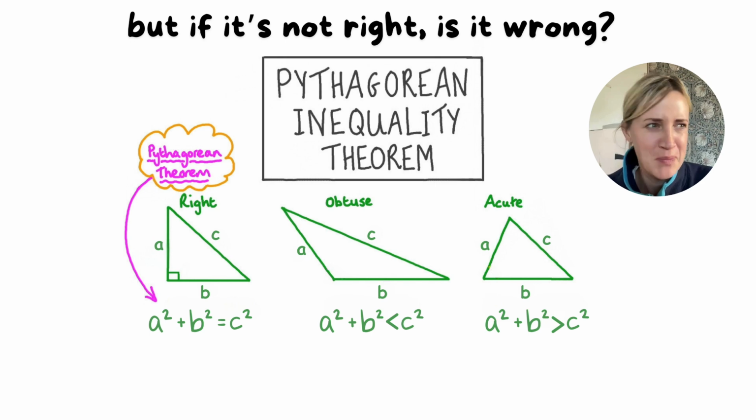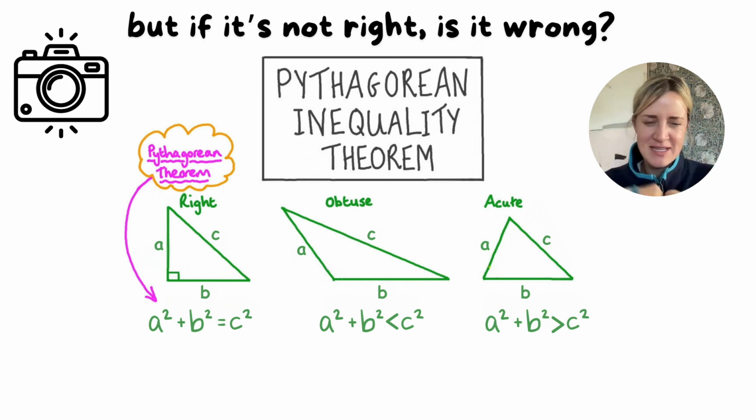What happens if it doesn't work? What if a squared plus b squared is not equal to c squared? Then is it a wrong triangle? No, the two other options are obtuse or acute. We actually have some formulas here. Take a screenshot because even I'm always like, which one is it? So when you do the Pythagorean theorem, if a squared plus b squared equals c squared, right triangle, easy.